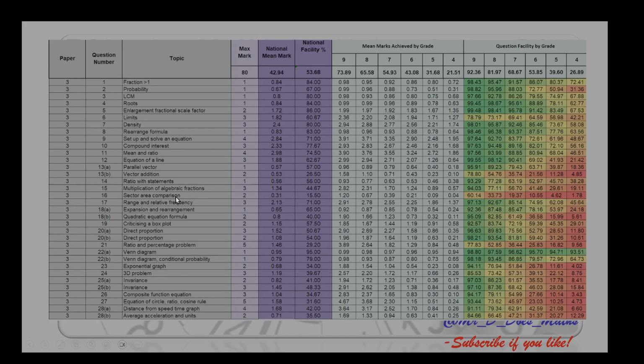That's sector area comparison. So that's just quite useful to get a feeling for the paper. Typically speaking, the questions are ranged roughly by difficulty, but there are a couple of outliers which are quite useful to just mention before we start the video.